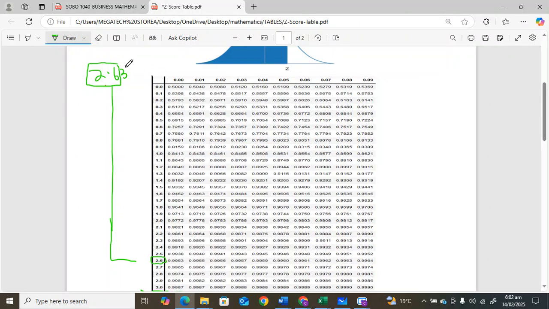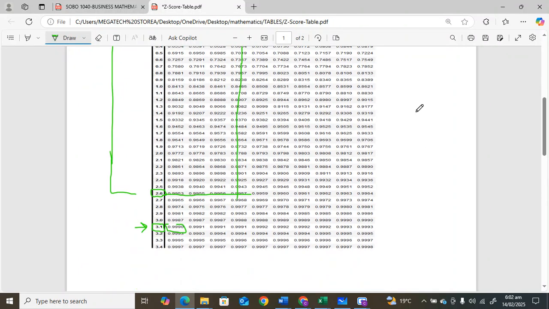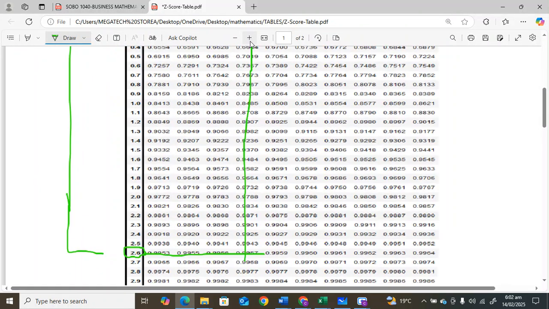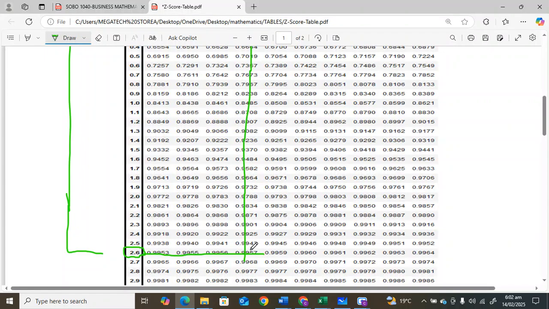The last digit, this 3, on top here, 0.03. And where they intersect, that is your value. They intersect at this one here, 0.9957.